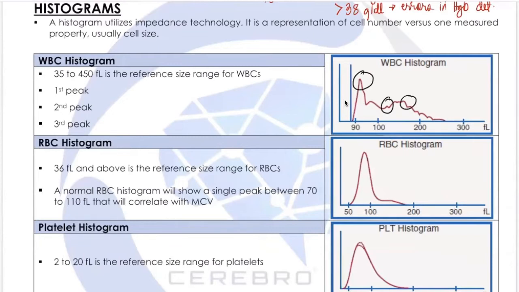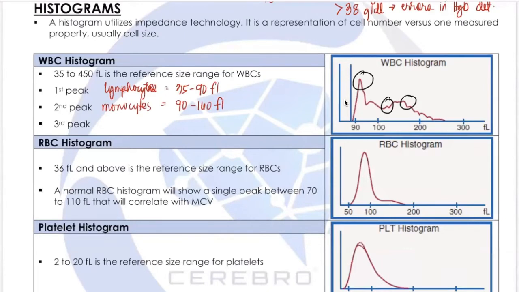So for the first peak, this represents our lymphocytes, and these are usually the ones having 35 to 90 femtoliter mean cell volume. The second peak represents the monocytes with a volume of 90 to 160 femtoliters.